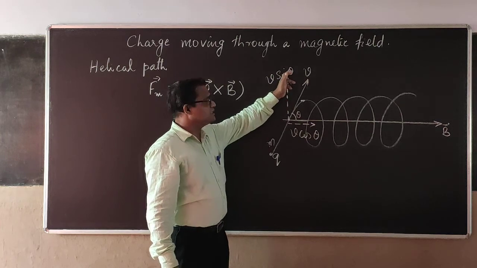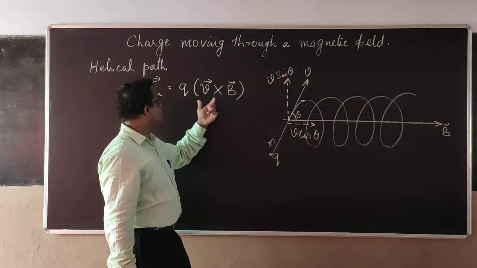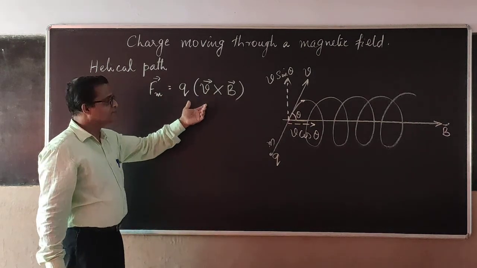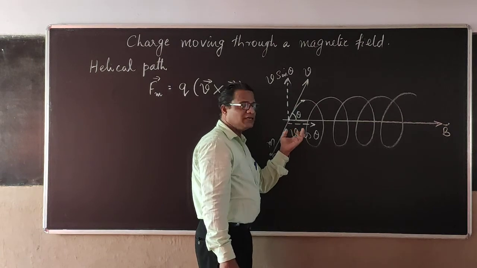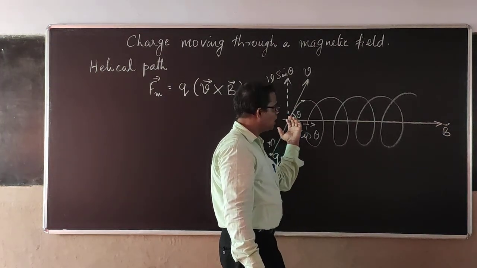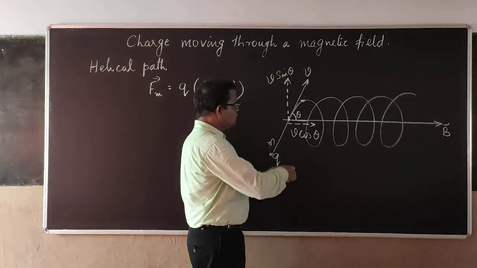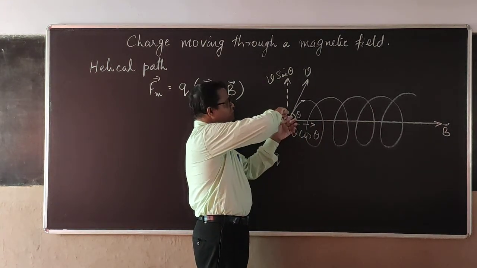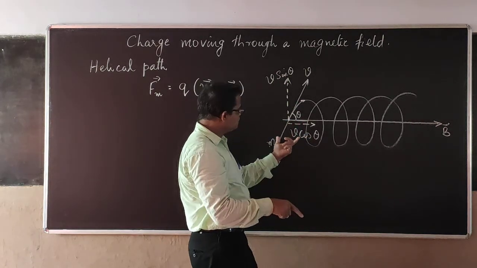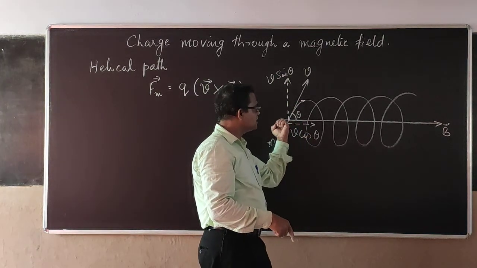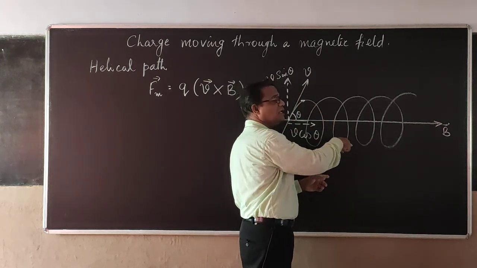Now this v sin theta is responsible for this force, and this v cos theta is simply dragging the particle along the direction of the magnetic field. So the magnetic Lorentz force is making it turn like this, but this v cos theta is taking the charge to go along this way. So together it forms a helical path.